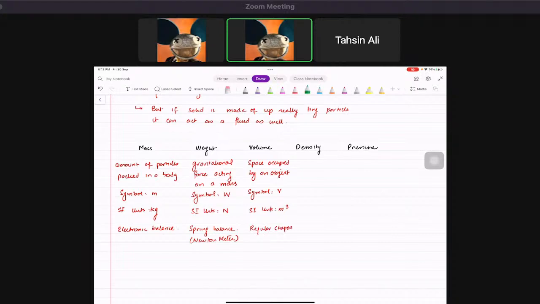For a cube, it's length into length into length. For a cuboid, it's length into width into height. For a cylinder, this comes often, so you should remember this: pi r squared h. And for a sphere, it is 4 by 3 pi r cubed.